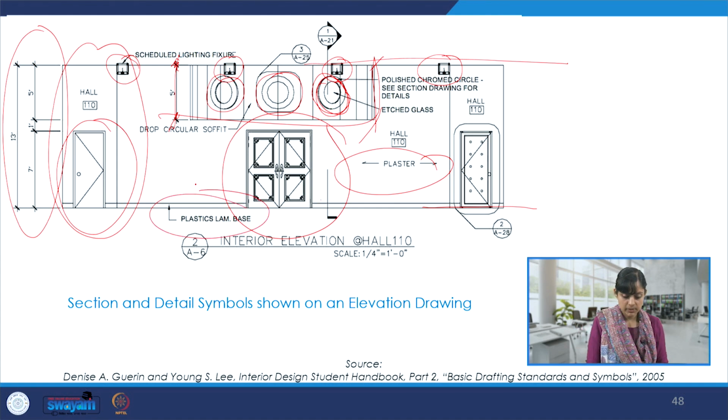And then if there is a material palette that you would like to signify, so a laminate base, etc., something like a polished chrome circle. So we can mark all of these, and even for further detailing, we can always produce another set of drawings and we can put a star or a number here, and then it could be referred to in the portfolio, right? Like in the entire set.